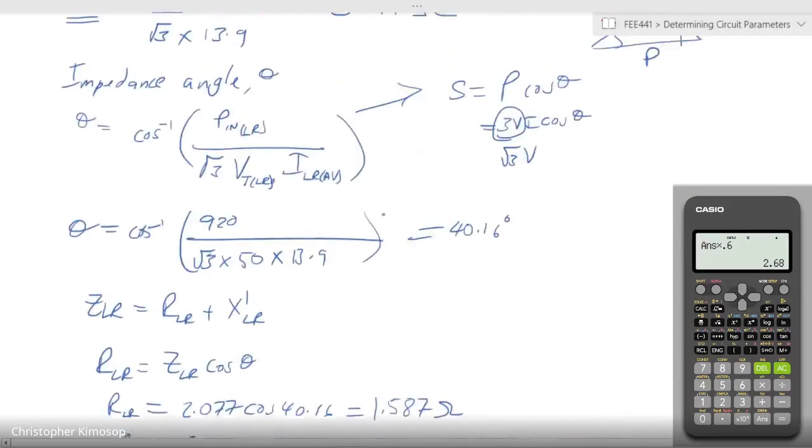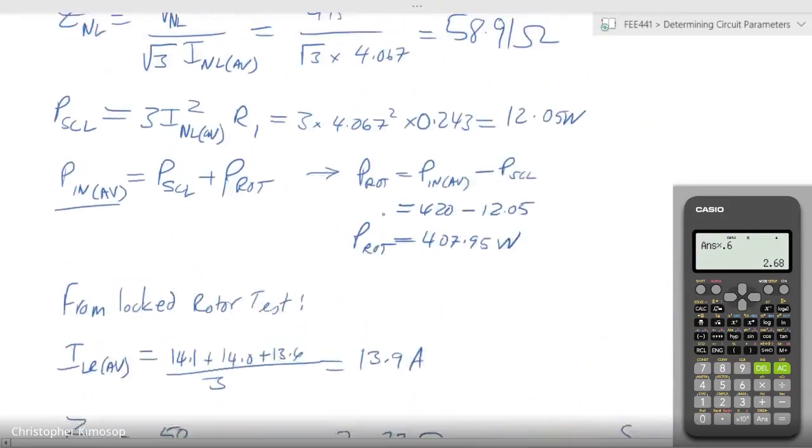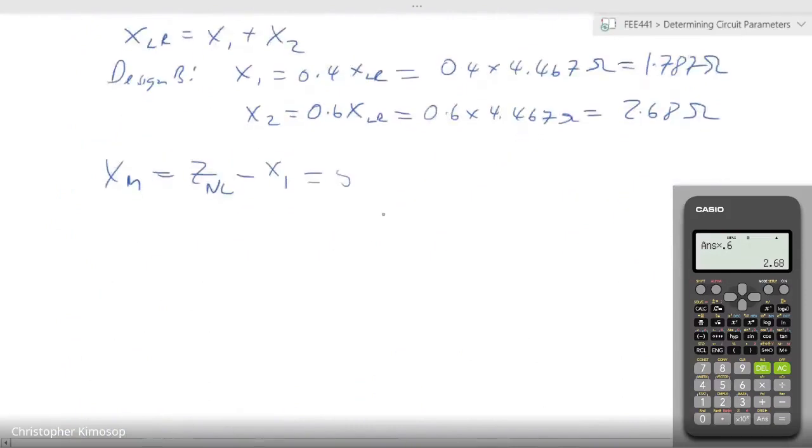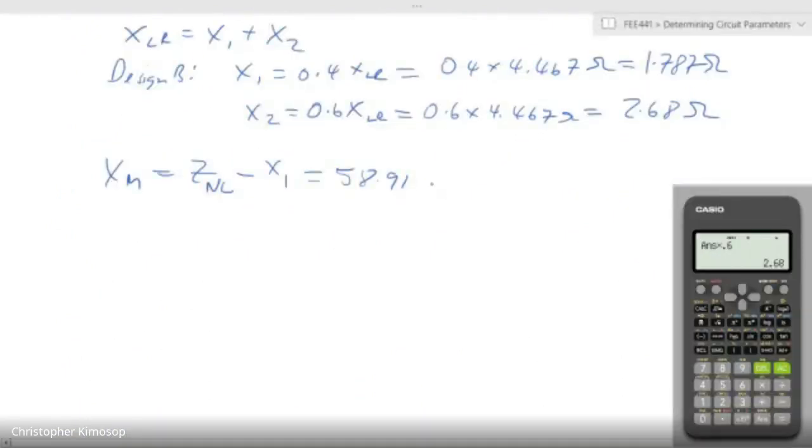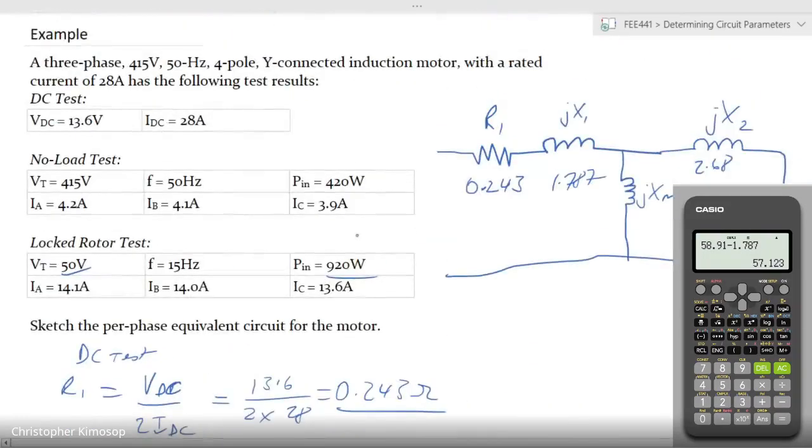Z no load is 58.91 minus 1.787, which means XM is equal to 57.123 ohms, which we input here.